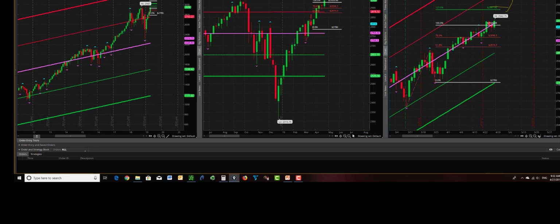So this is how we begin to see where our targets are, and we're going to discuss this more and more. So our target right now is this one here, based on this pattern. And so, having said that, let's go look at some charts and see what we can discover.